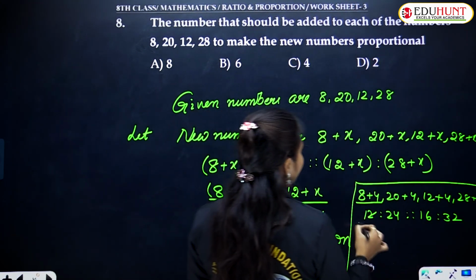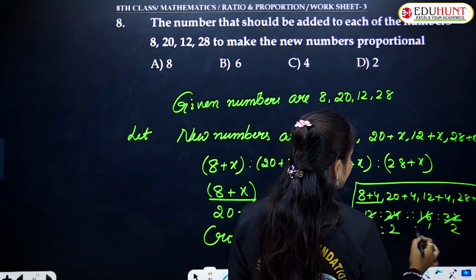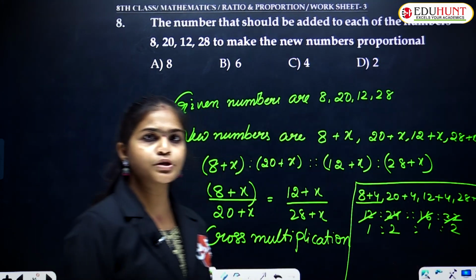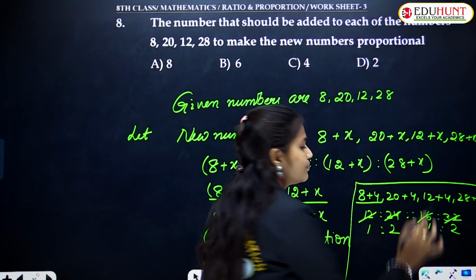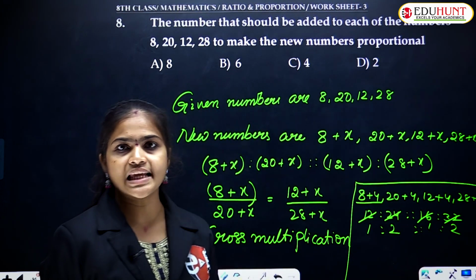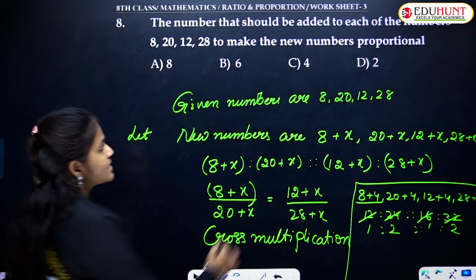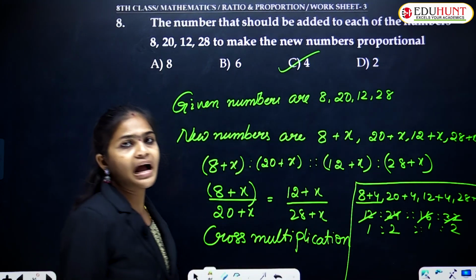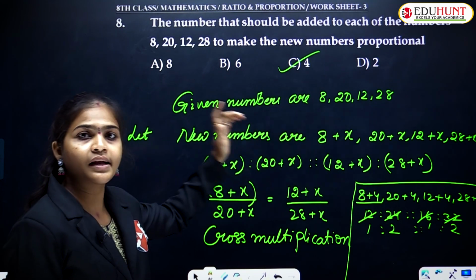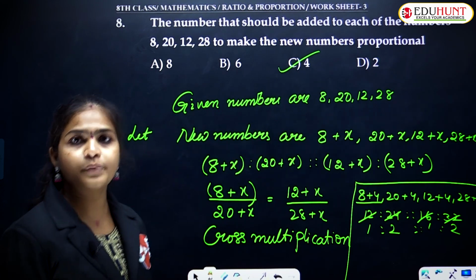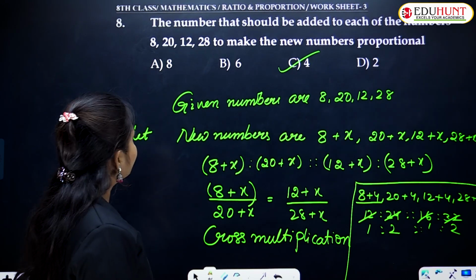From this, 12 ones are 12, 12 twos are 24, 16 ones, 16 twos. So are the new numbers in proportion or not? 1 is to 2 as 1 is to 2. We are getting those two ratios equal. So the value of x is 4. If you add 4 to all the given numbers, the new numbers will be in proportion. So this is question number 8.